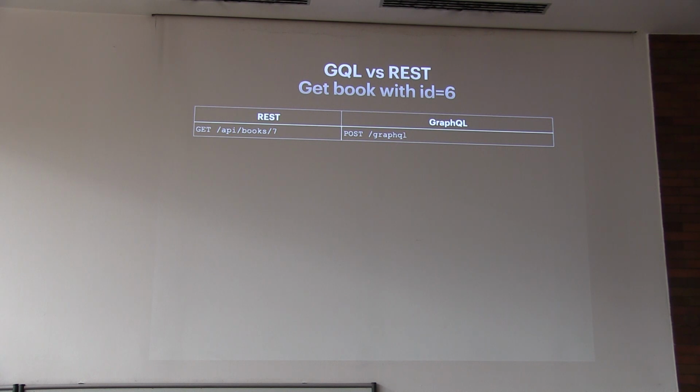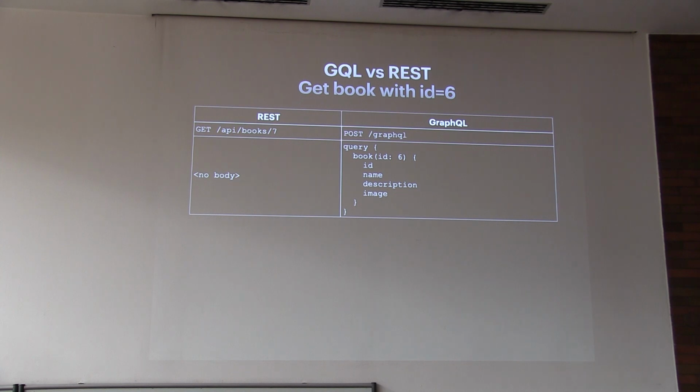In case of GraphQL, as I said, there's only a single point of entry, so it's usually going to be a POST to /graphql. In case of REST, there's going to be no request body because everything is already encoded in the method and the URI. In case of GraphQL, the actual query is embedded in the request body.